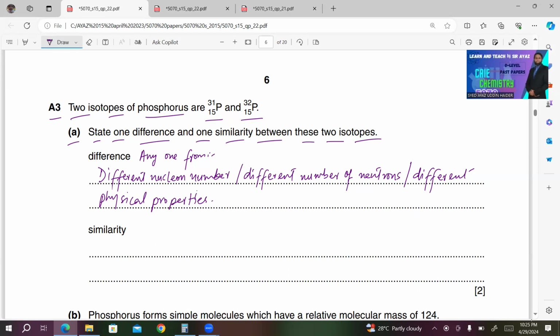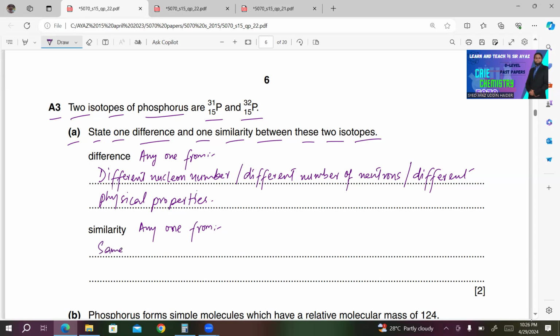Similarity: now they are atoms of the same element. So they must have the same proton number or number of protons. The number of electrons is also the same. So due to this reason, they have the same chemical properties.